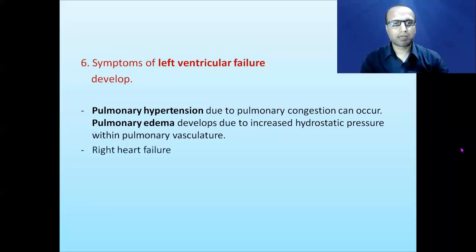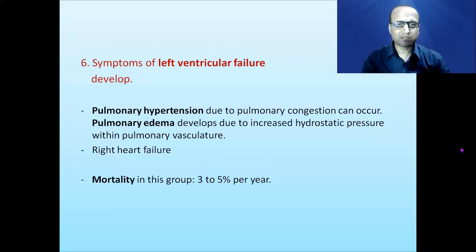And the right ventricle, in particular, has to work harder to pump blood into the lung vasculature because there is pulmonary hypertension. So ultimately, right heart failure can occur. Mortality in this stage can range from 3 to 5% per year.